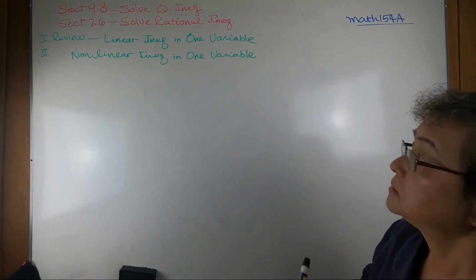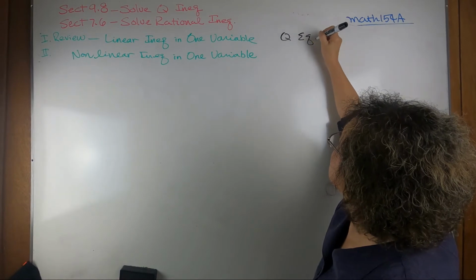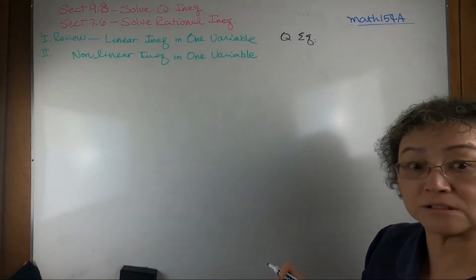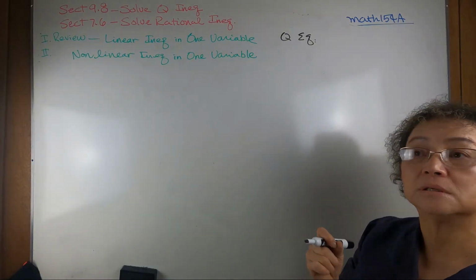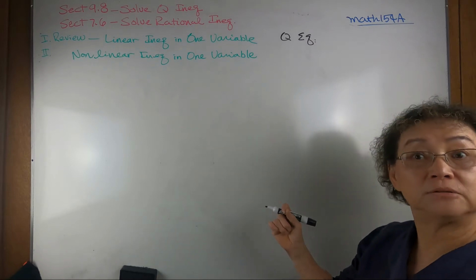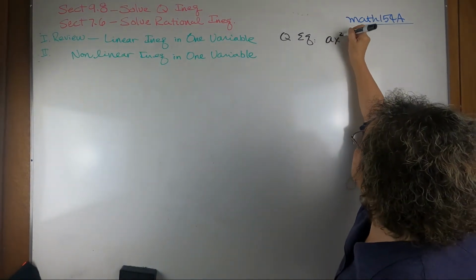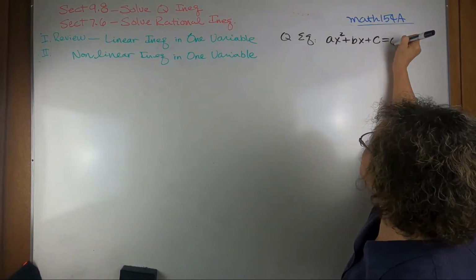So, what are quadratic equations? We talk about those. Quadratic equations means second degree polynomials equal to 0, right? In standard form, we write it this way: ax squared plus bx plus c equals 0.